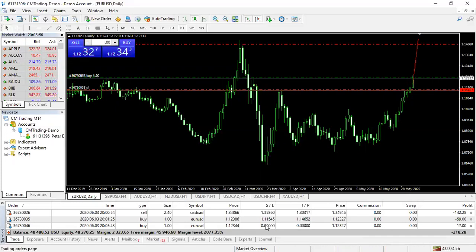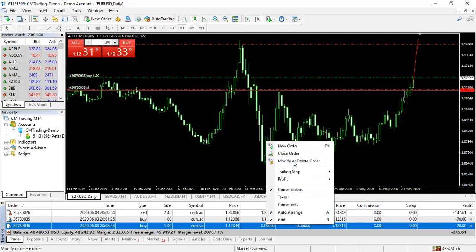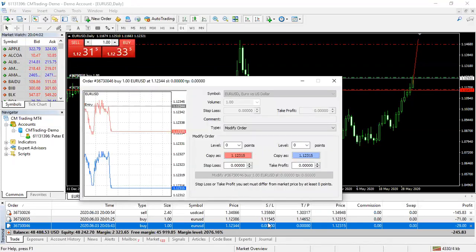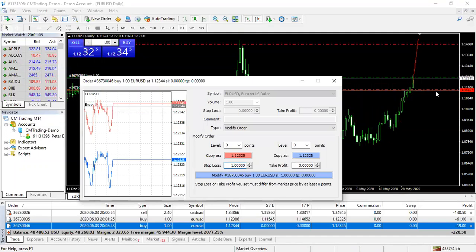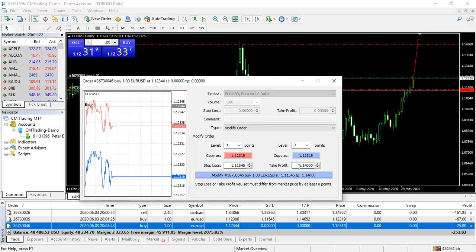So what you just do is come here, then right click, modify or delete order. So you use the same stop loss we placed before, or the one you dragged and dropped. So it will be 1.1154545. Okay, then take profit will be 1.1465. Okay, then modify.